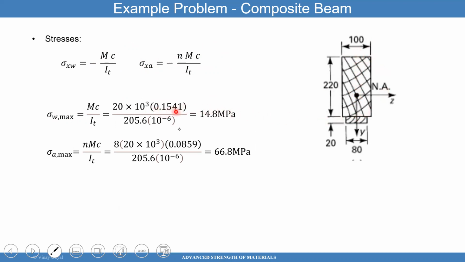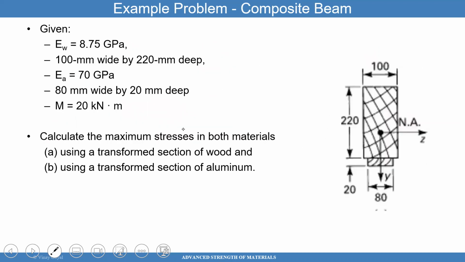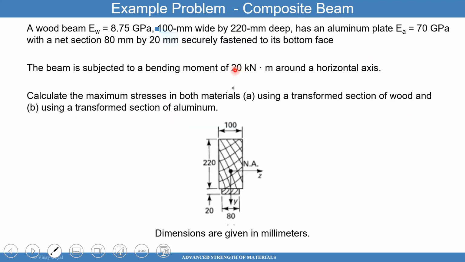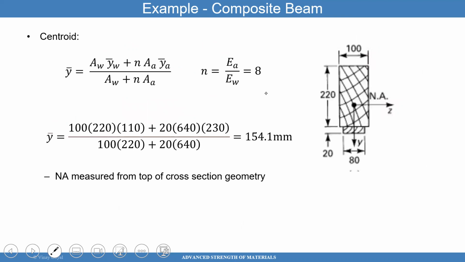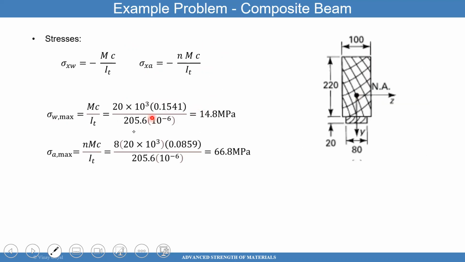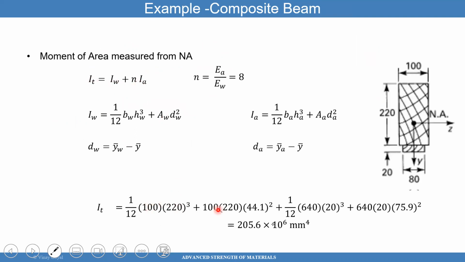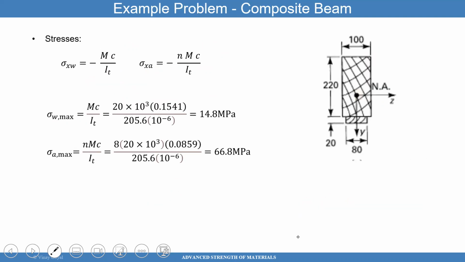So that's 0.1541. I recommend that you try checking it. The moment was given to us as 20 times 10 to the 3. If you don't recall that, I'll remind you: 20. And IT was calculated here and here. So that's 14.8 megapascals.